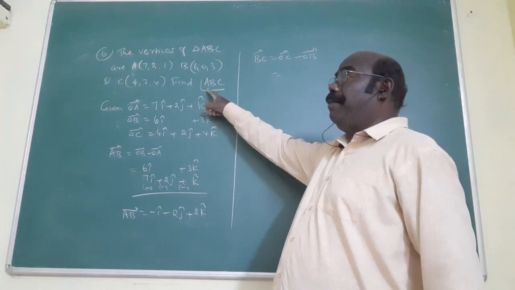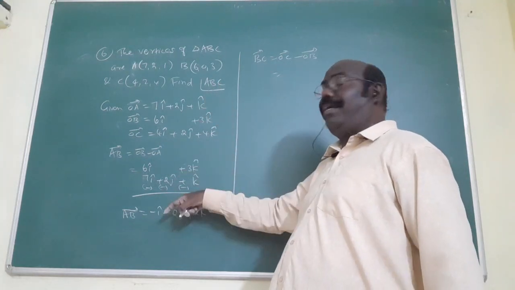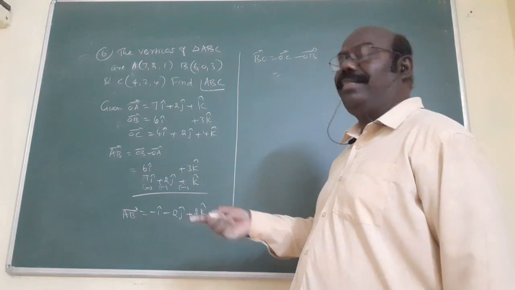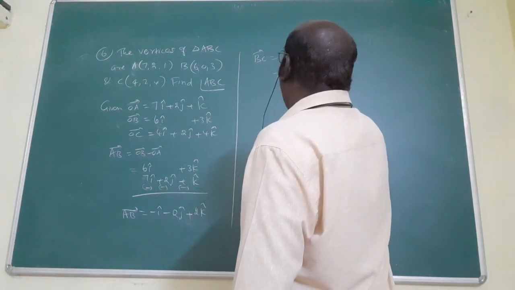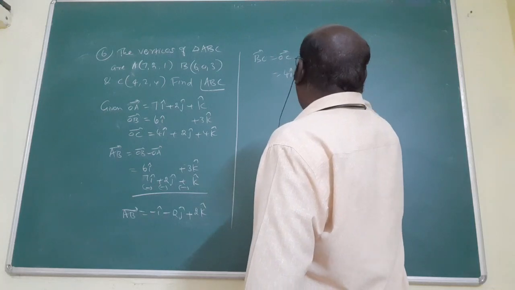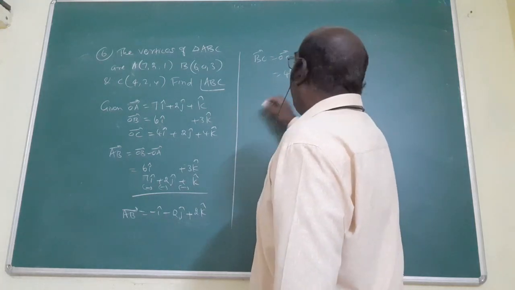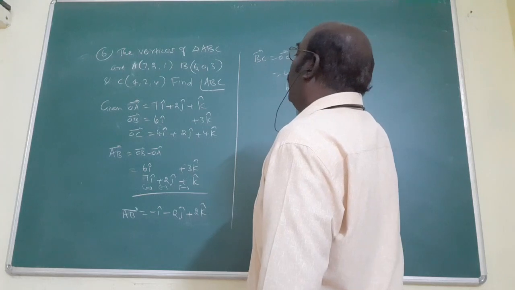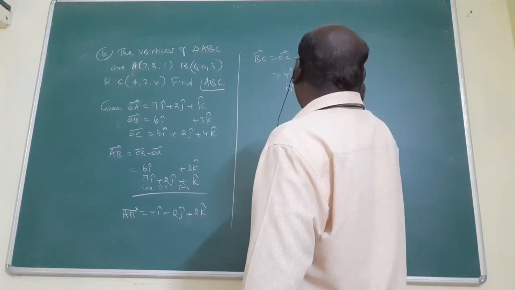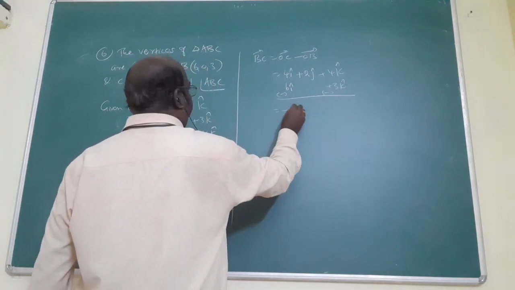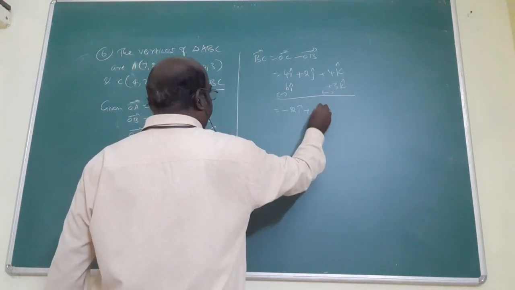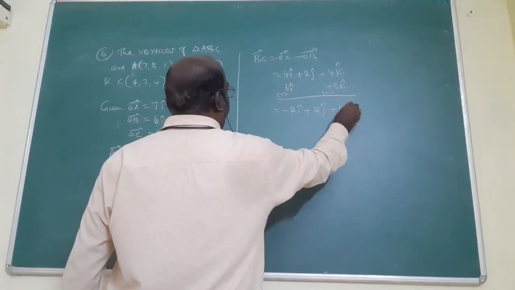Angle B is asked, ABC means B is asked. That's why you find AB and BC, not AC. OC is what? 4 i cap plus 2 j cap plus 4 k cap. OB is what? 6 i cap plus 3 k cap. Now change sign. Minus 2 i cap plus 2 j cap plus k cap.